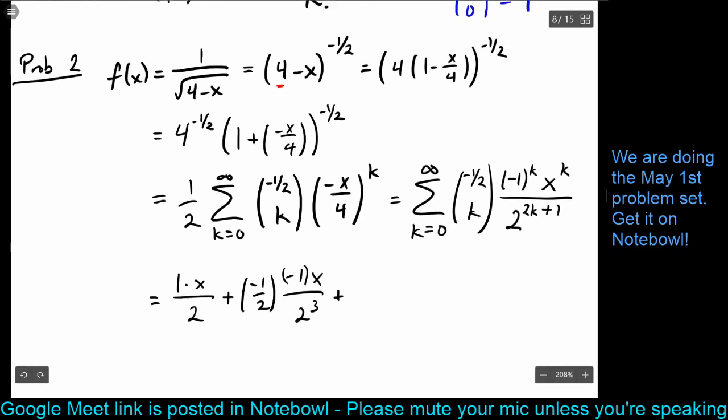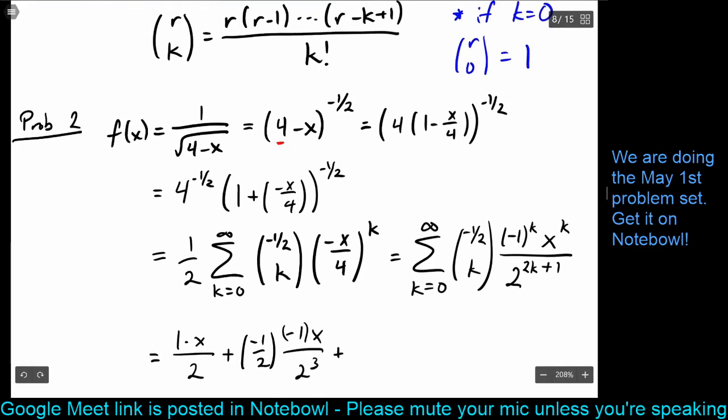And then when you compute the next one, when k equals 2, you're going to get minus 1/2 minus 3/2, right? Because we take this and we subtract 1. That's going to be over 2 from the factorial here, times, well, this is negative 1 squared x squared over 2 to the 5th, and so on.